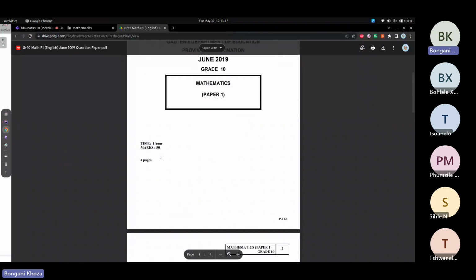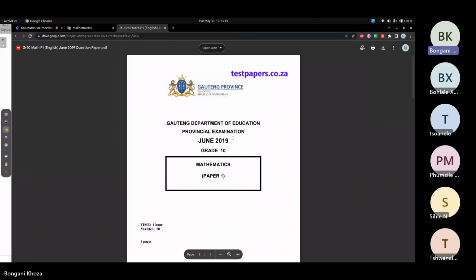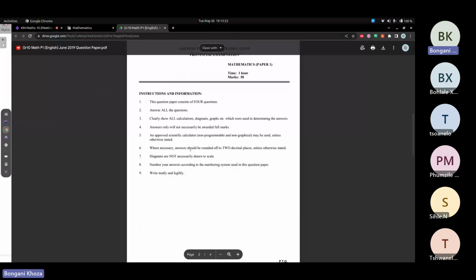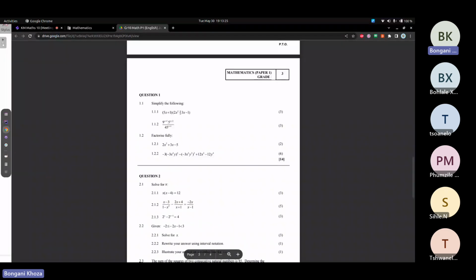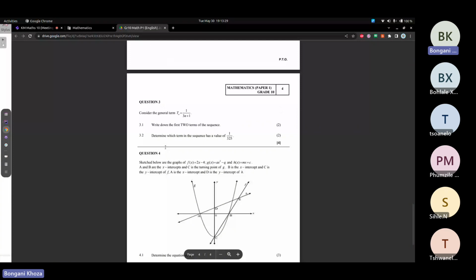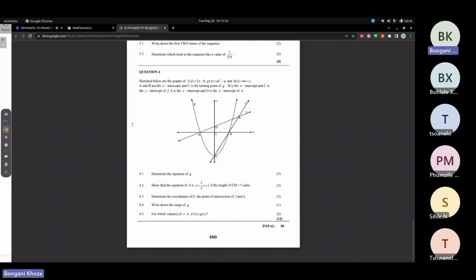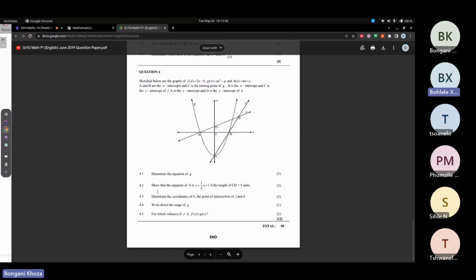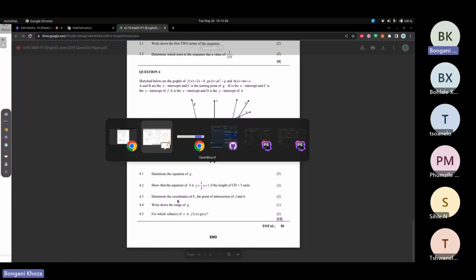This was a June paper, actually. June paper 2019. So you'd first have some algebra over here, more algebra, patterns. I think this is for last term for you guys. And then you'd have this. So this is in an exam.